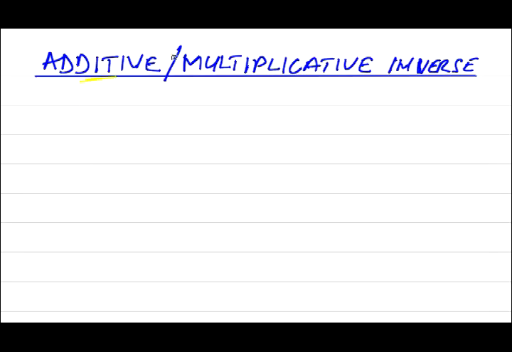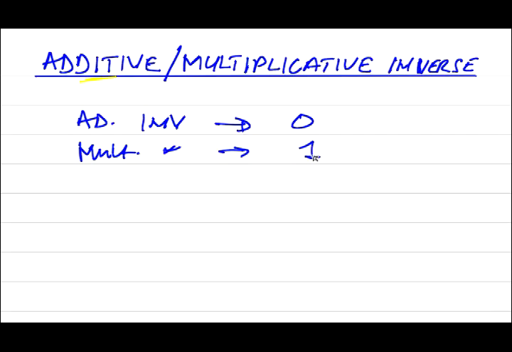We said that if you want to take something from one side to the other side, the additive inverse is that number that will make the value 0. Additive inverse is what will translate to 0, while multiplicative inverse is what will translate to 1.